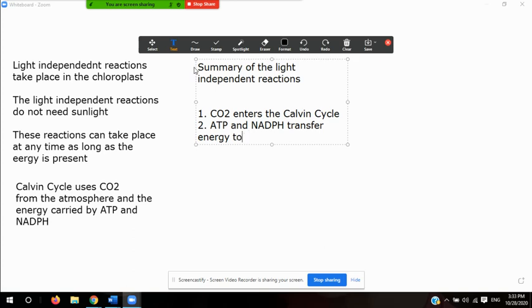Transfer energy to the Calvin cycle and keep the energy going. Or keep the cycle going. I'm sorry, not the energy. Keep the cycle going.